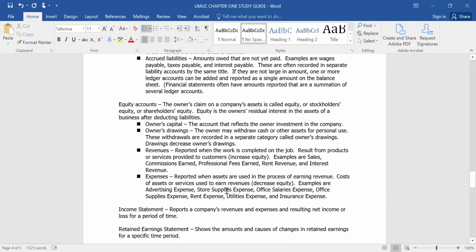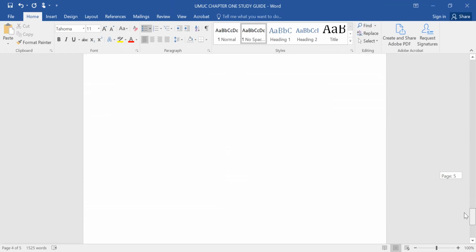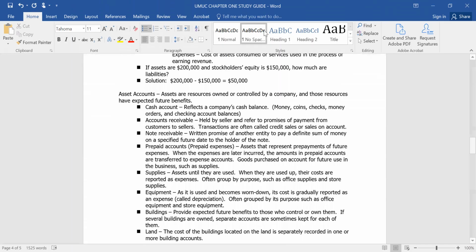An easy way to identify expense accounts: a lot of the time, not all the time, it has the word expense. Same with revenues. A lot of the time it could say just sales, but a lot of the time it'll include the word revenue. So those are easy ways to identify some of these accounts. The rest of this you can probably understand on your own by reading it.